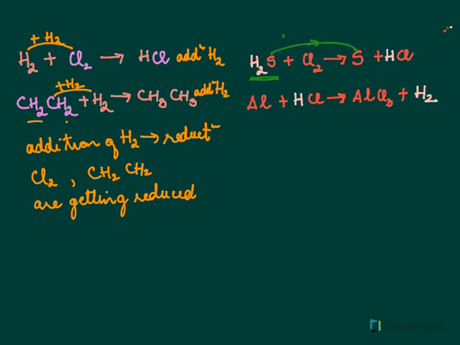H2S becomes S, and in the process there is a loss of hydrogen. In the next case we see HCl also loses hydrogen. Here too HCl loses hydrogen, and this loss of hydrogen is called oxidation.